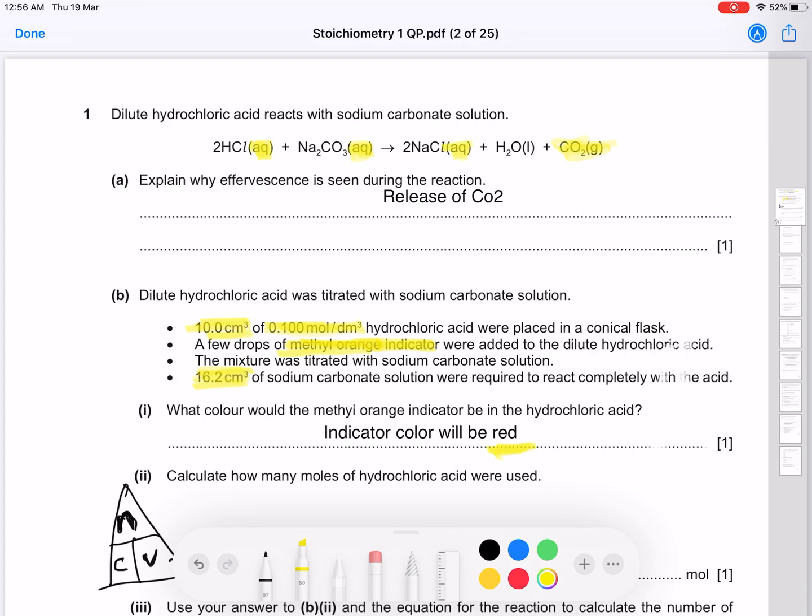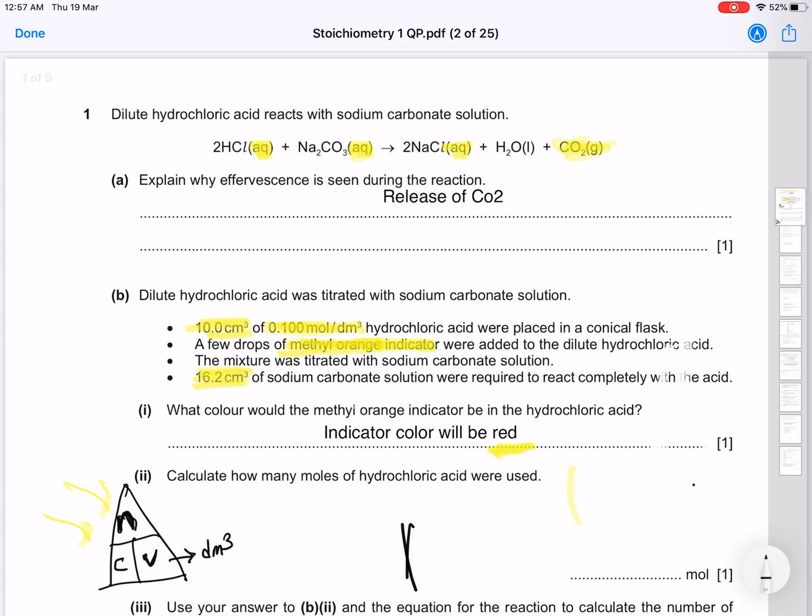Now let's move to the calculation part of it. How many moles of hydrochloric acid were used? I'm gonna use my triangle over there. n equals C times V. n is the number of moles, C is the concentration, V is the volume in decimeter cube. I think all of you are familiar with this triangle.